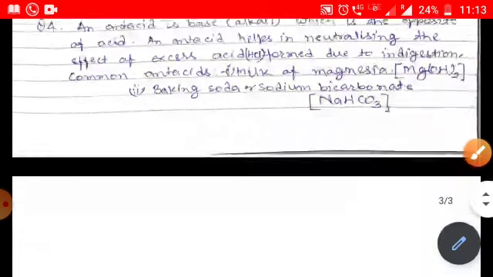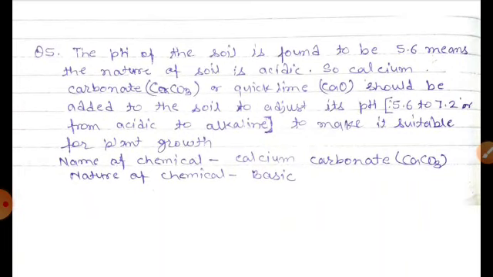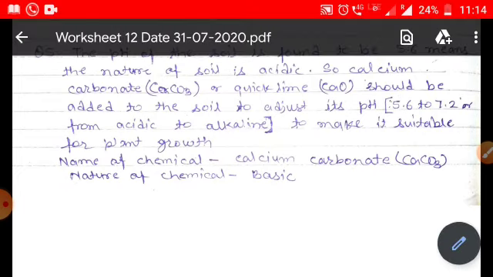Fifth question. The optimal growth of the plant takes place at pH 7.2, but the pH of the soil is found to be 5.6. Which compound is used to adjust the pH so that the growth of the plant takes place?